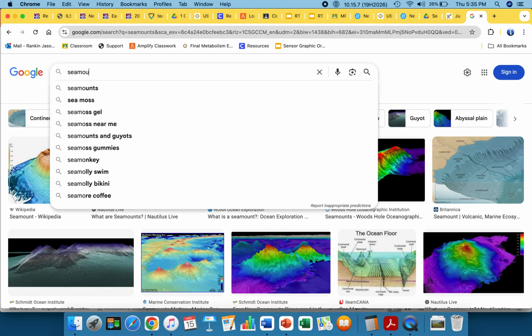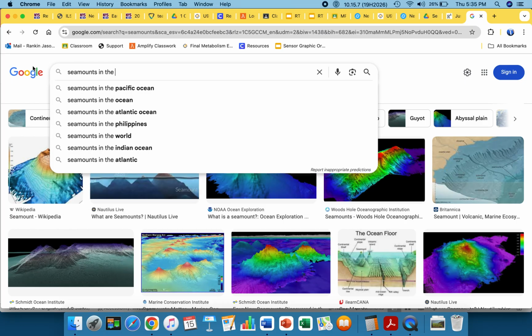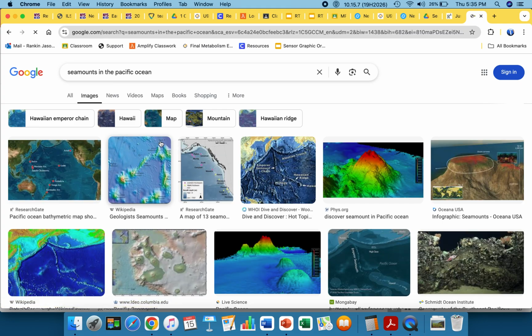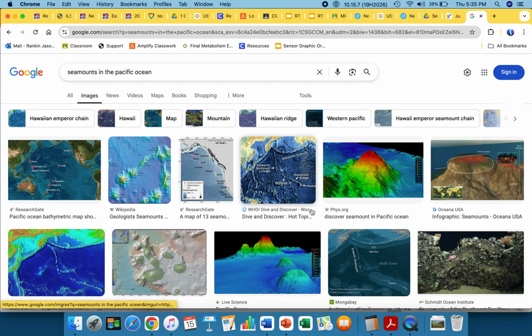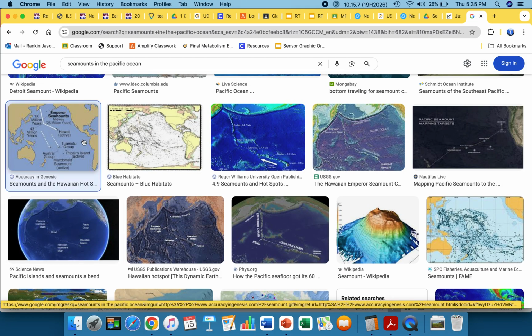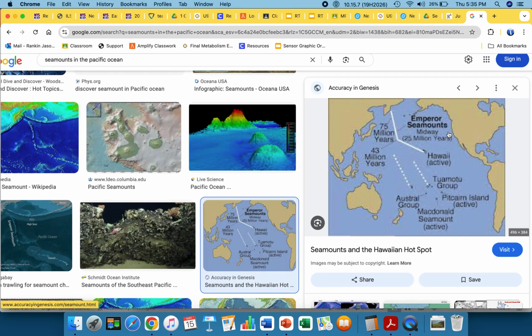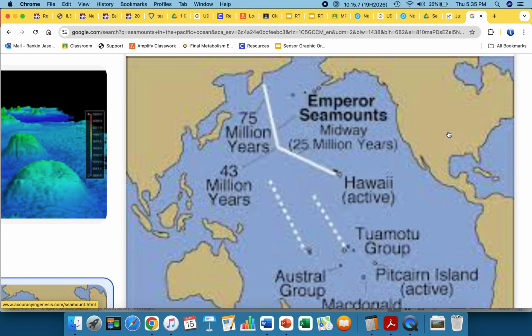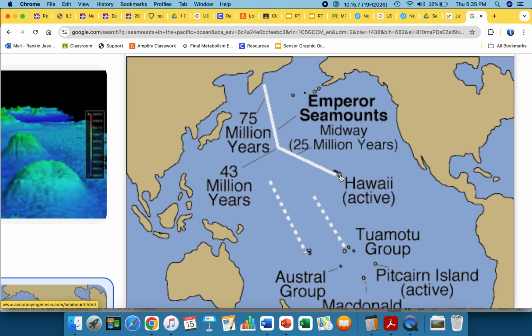Seamounts in the Pacific Ocean. It's called the Emperor Seamounts. So we have a chain of them. I need to teach you some hot spots, but Hawaii is a hot spot. That's a little different from what we're doing now.